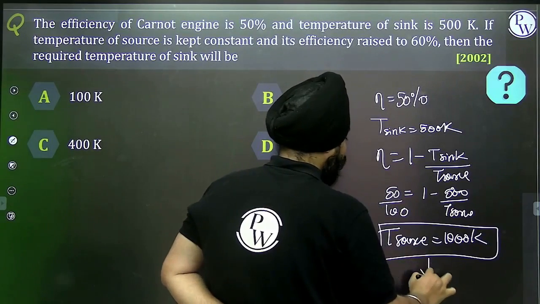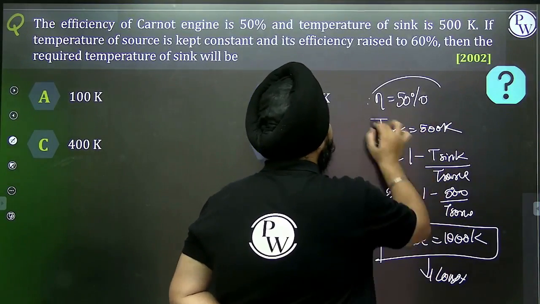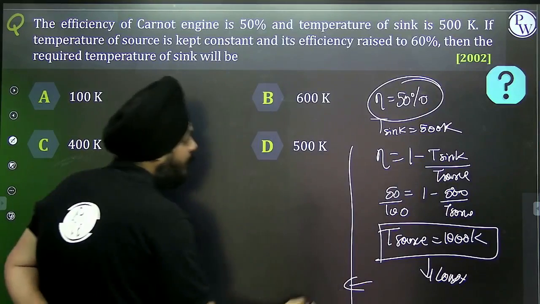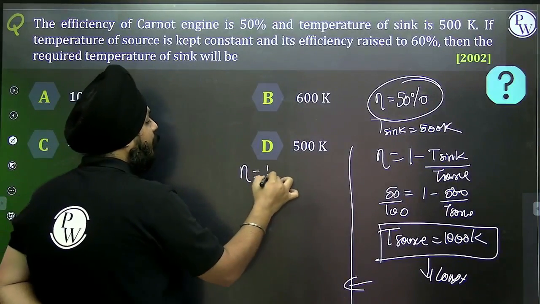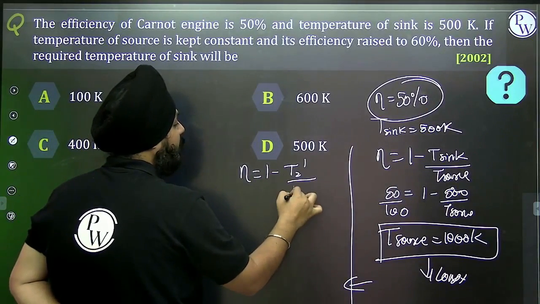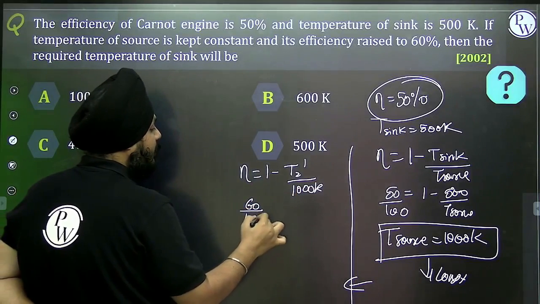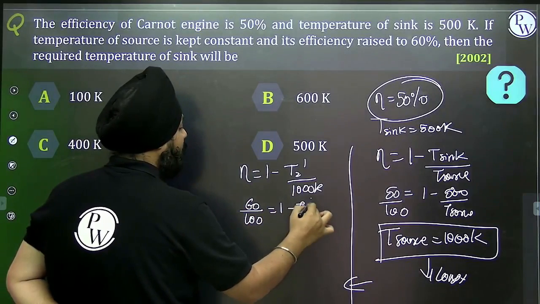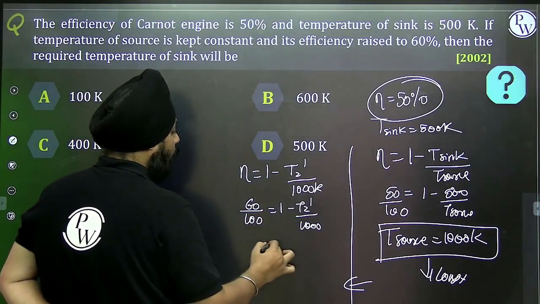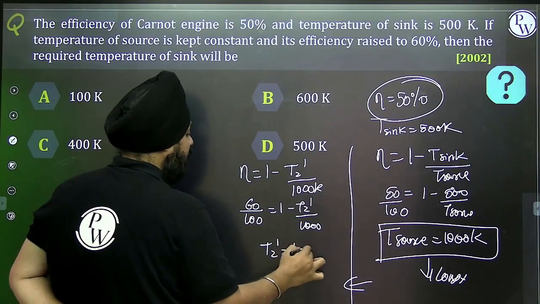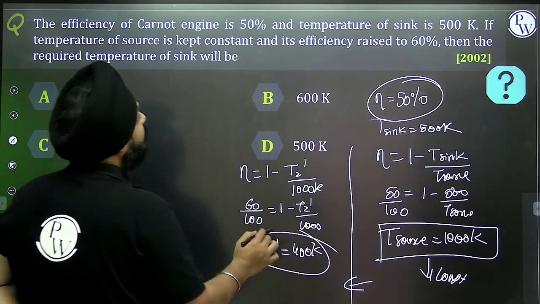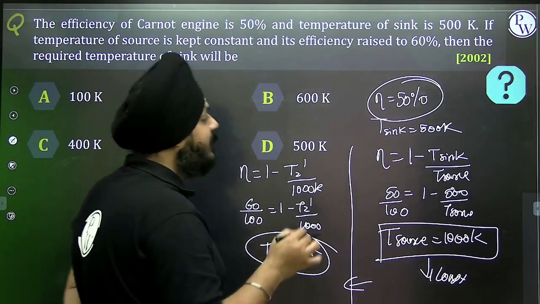Now this is kept constant and the efficiency is increased to 60%. So 60 by 100 equals 1 minus T2 dash by 1000 Kelvin. Resolving this, we get T2 dash as 400 Kelvin. This is the new temperature of the sink.